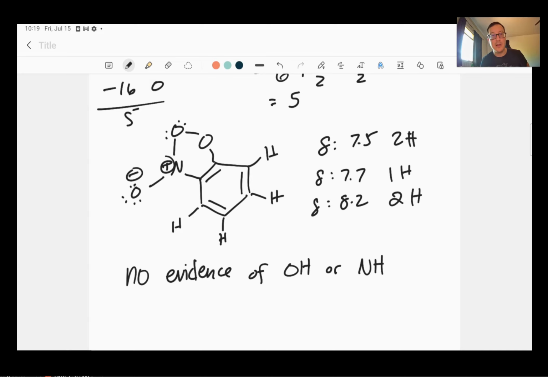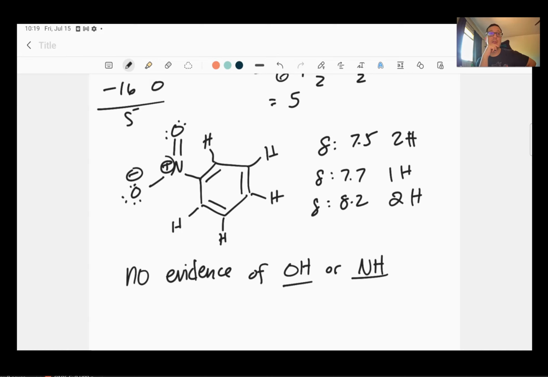Generally, these will be pretty normal structures with functional groups that we recognize. You would probably not see a peroxide in them. So with this one, because we have no evidence of any of these other functional groups, we're just going to put all the 5 hydrogens on the benzene and just throw everything else in there.